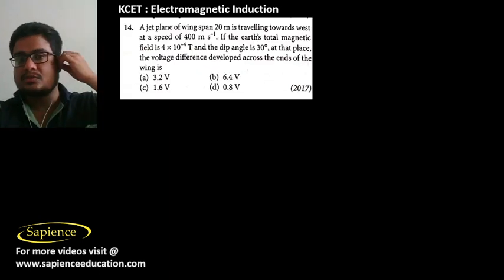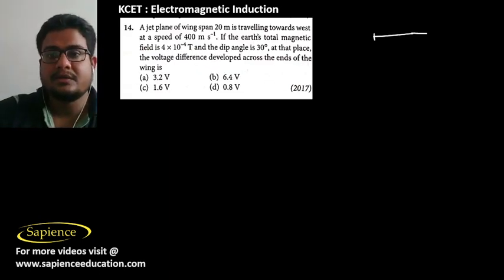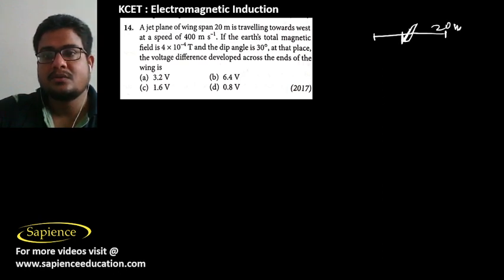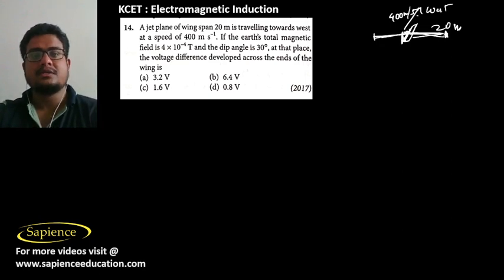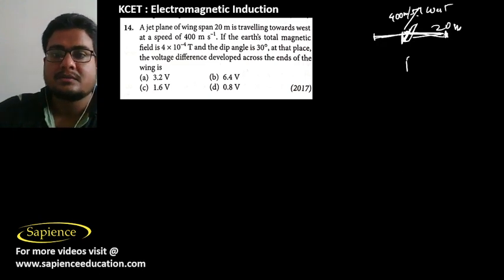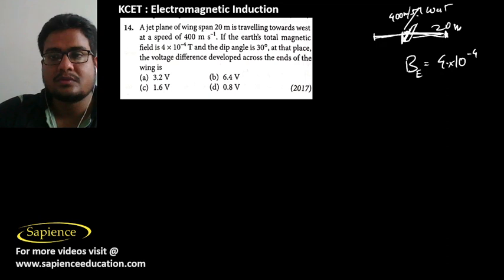Then question number 14. It is told a jet plane having wingspan 20 meters is traveling towards the west at a speed of 400 meters per second. The Earth's total magnetic field, B_E, is 4 into 10 power minus 4 Tesla.